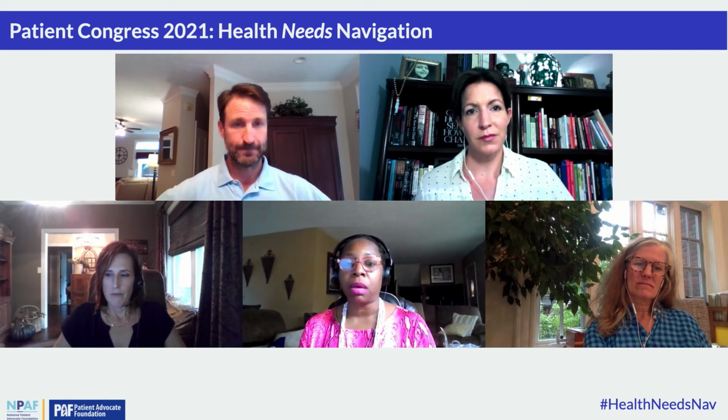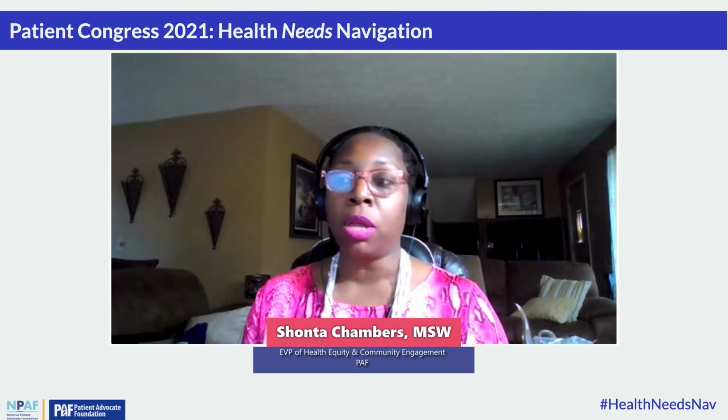And I'll also add from a community perspective, the social risks and social needs that actually present will vary. They are just as varied as the individuals that comprise those communities. For example, there could be a social risk around transportation in a respective community, but that may not be a specific social need for an individual.